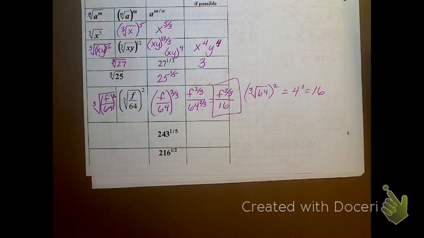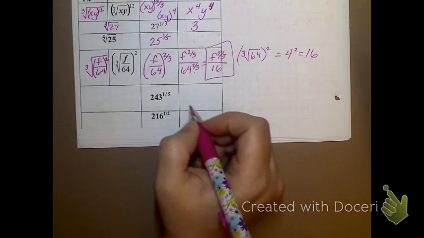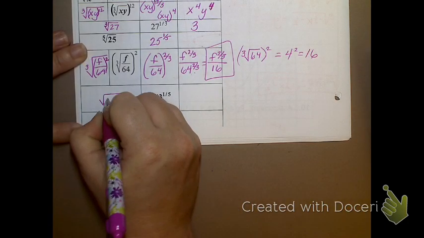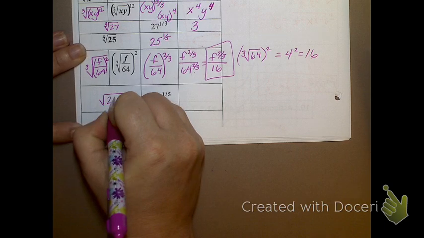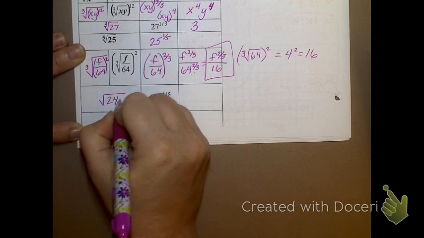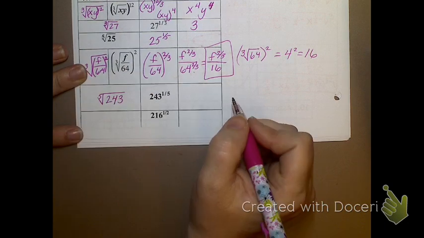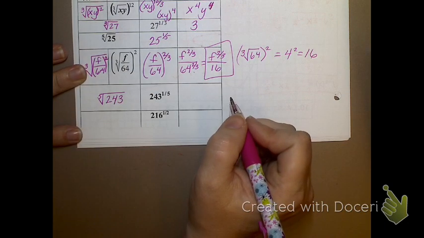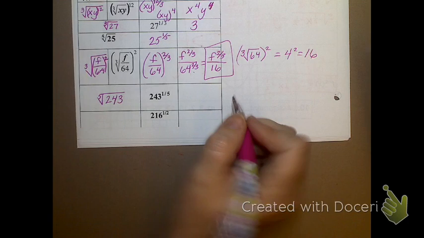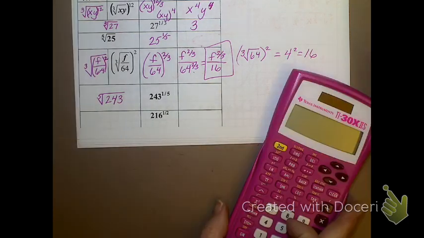Okay, so? Yes. Good answer. All right, 243 to the 1/5. What's the index? 5. What's the exponent? Nothing. 1. Do I need to write it? Nope. Now, I don't happen to know if this is going to be a nice number or not yet. So I'm going to go to my calculator and practice that 5th root thing.